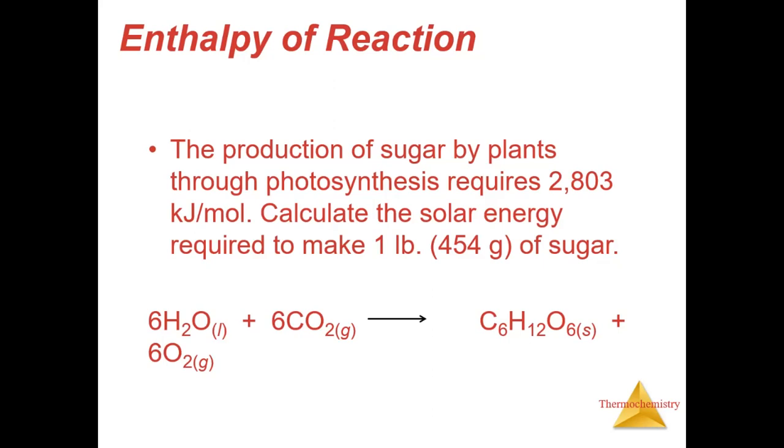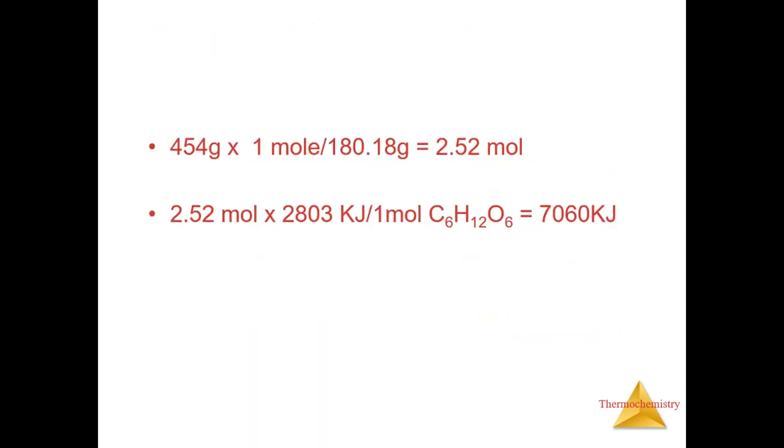Divide 454 by 180. Okay, I'm going to do that. That gives me 2.54 moles. And then since making 1 mole requires 2,803 kilojoules per mole, I just multiply by the 2.54. And in order to make 1 pound of sugar, I'm going to need to put in 7,060 kilojoules.